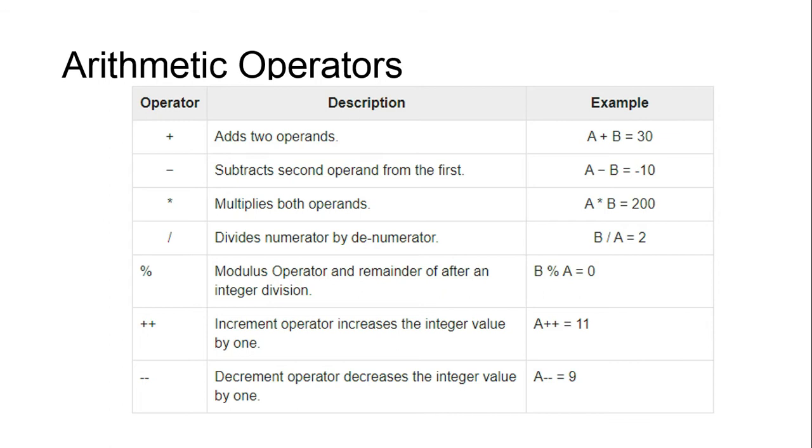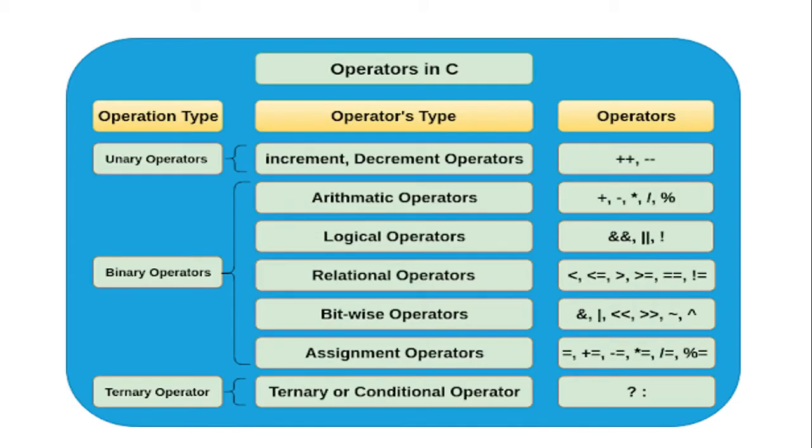Here a and b are operands, and the plus symbol is the operator. How many operands are used in the plus or addition operator? Two operands. So the arithmetic operator is a binary operator, because I am using two operand values, a and b.